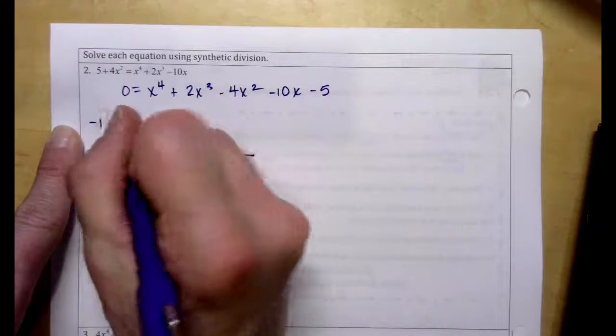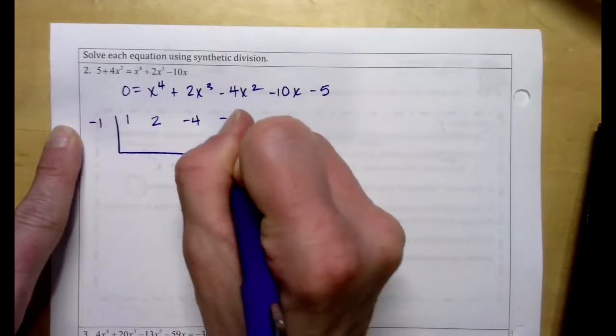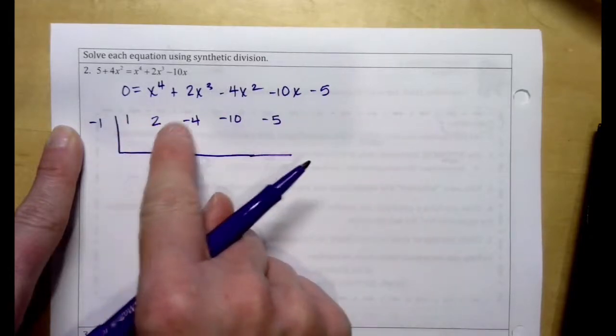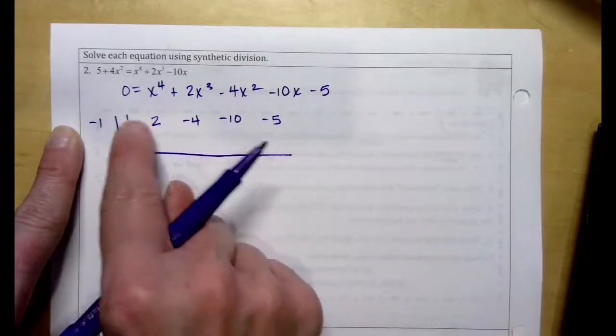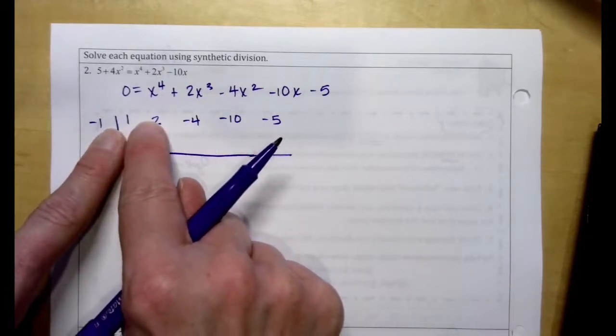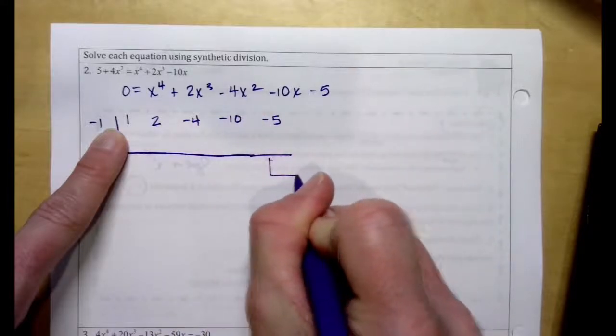I have the coefficients 1, 2, -4, -10, and -5. Perfect. All right.